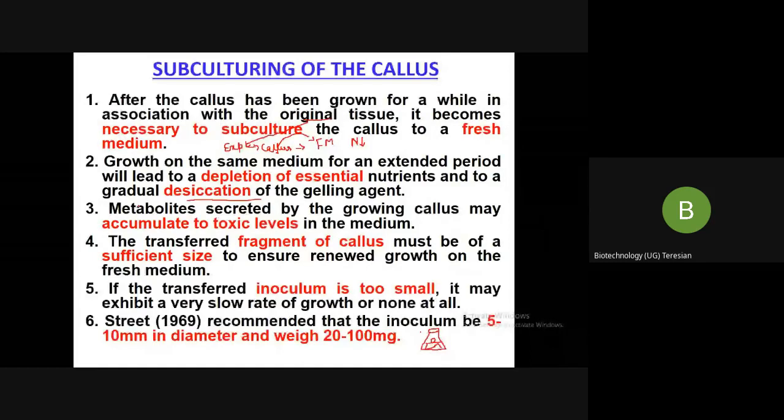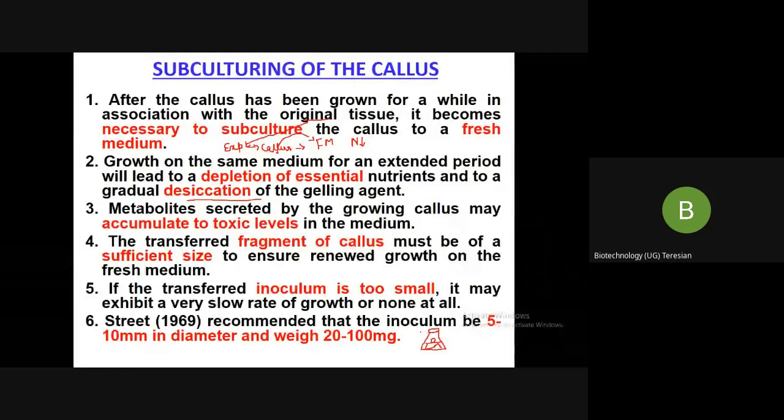I took an example of apple and told you it turns brown in color. Why does it turn brown? Because polyphenolic acids, phenolic compounds are present there. Flavonoids may be present, terpenes can be present. These are the metabolites secreted by your plant.